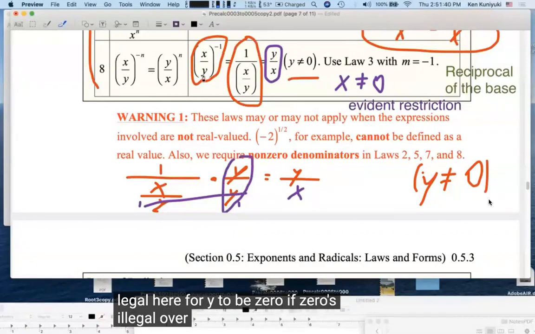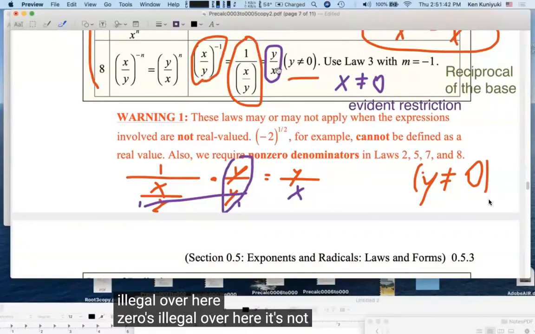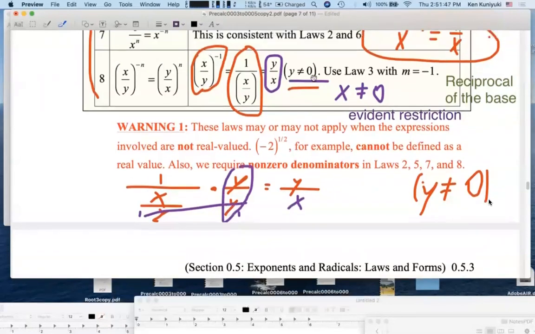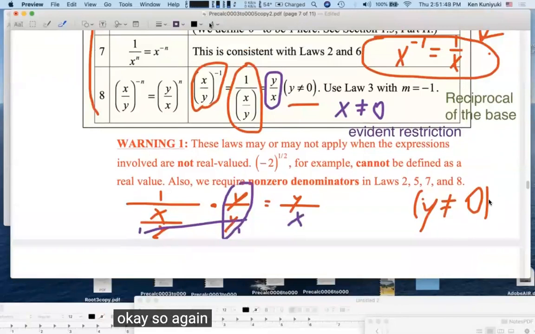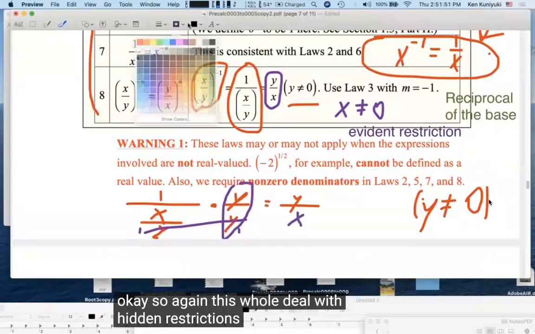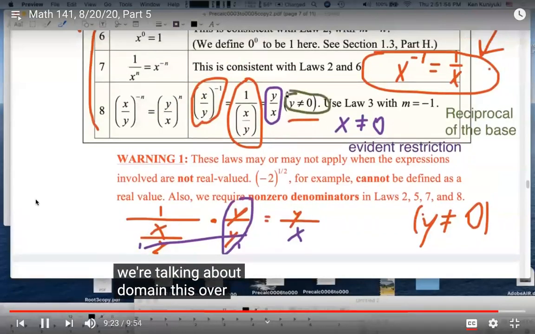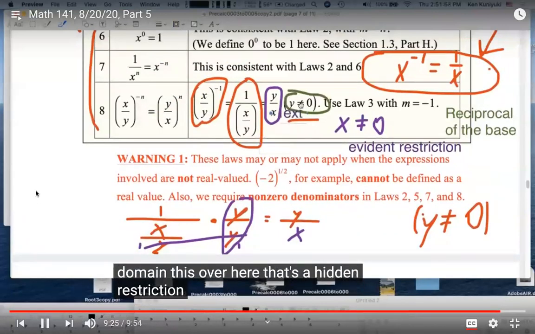If 0 is illegal over here, it's not evident, and you should write that hidden restriction. This whole deal with hidden restrictions will come up when we're talking about domain. This over here, that's a hidden restriction.